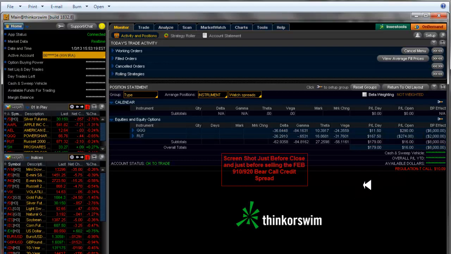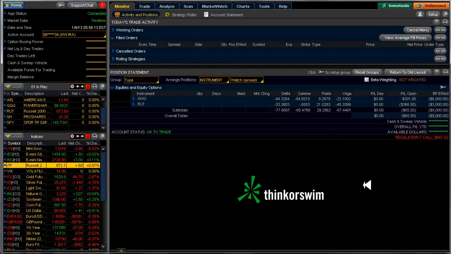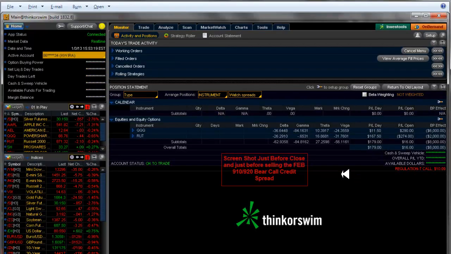We're down 274. Now let's jump back over here. We are down 366 because, as we all know, when you sell a credit spread, a lot of times you can go negative the first couple of days, and that is not a big deal to me.